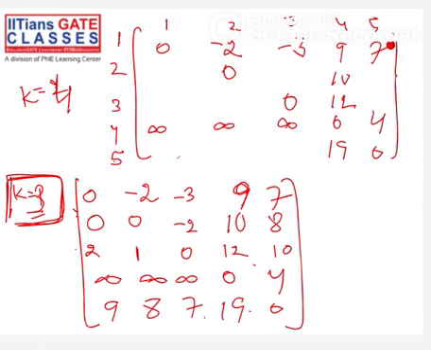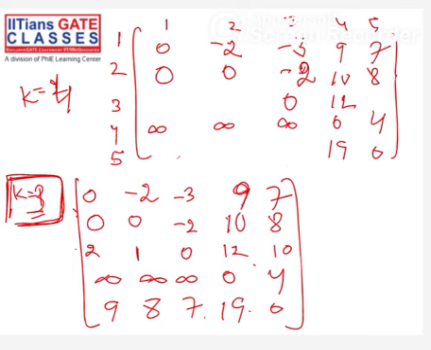Alright, so 2 to 1: 2 to 4, 4 to 1. 4 to 1 is infinity, so this will not change. 2 to 3: 2 to 4, 4 to 3. 4 to 3 is infinity, this will also not change. And 2 to 5: 2 to 4, 4 to 5. 4 to 5 is 10, so this is also 8.